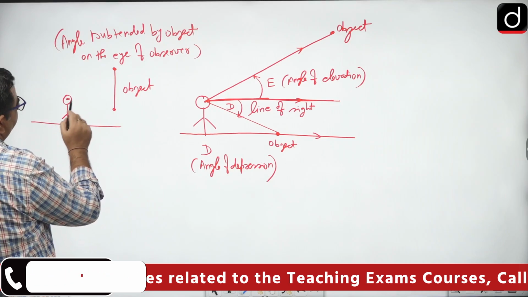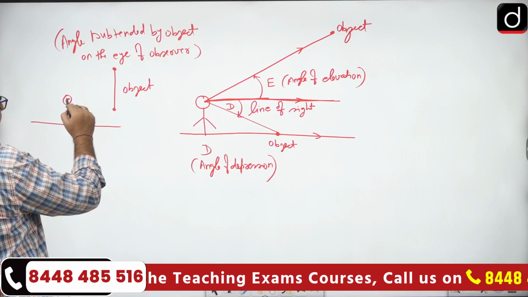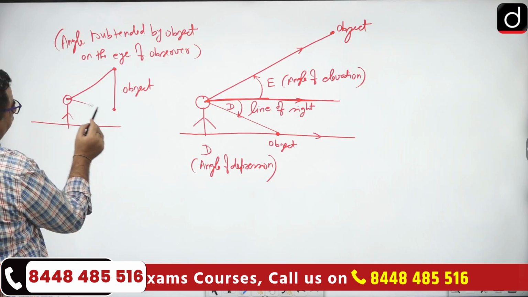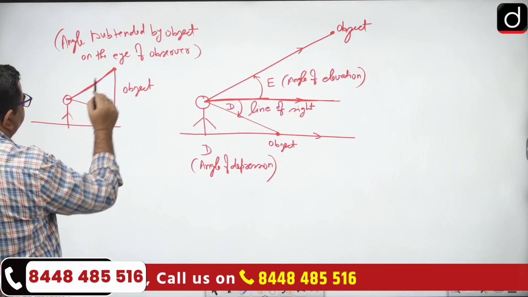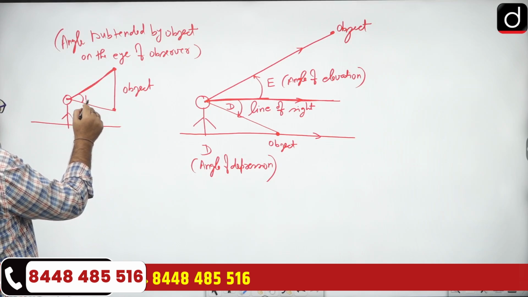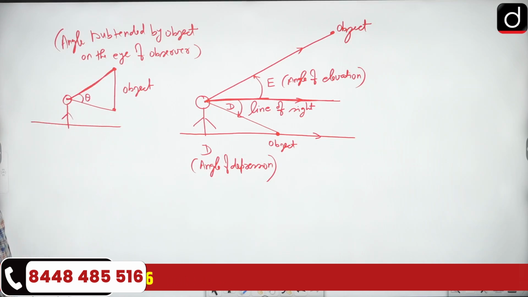So this is what, take the top of the object and the bottom of the object, right? This total angle is called the angle subtended, right?